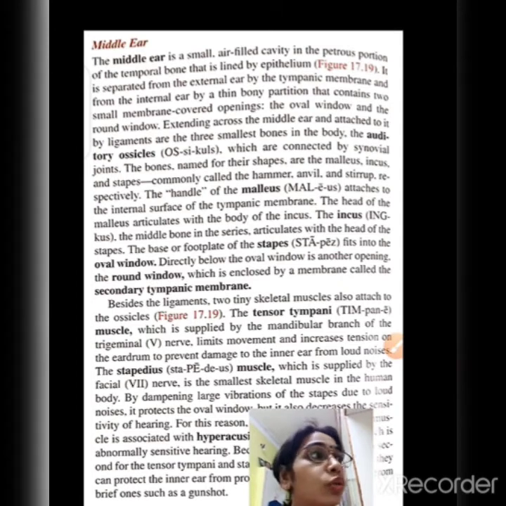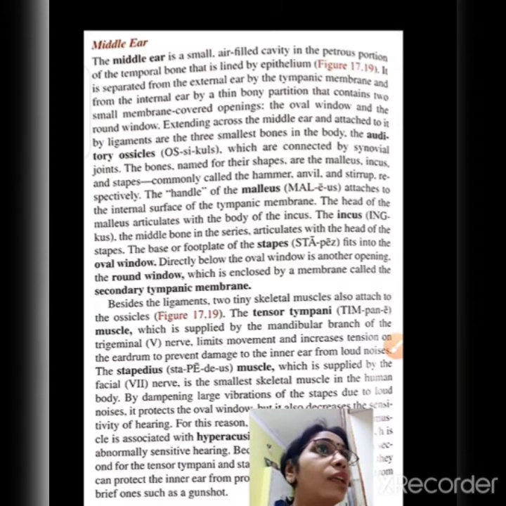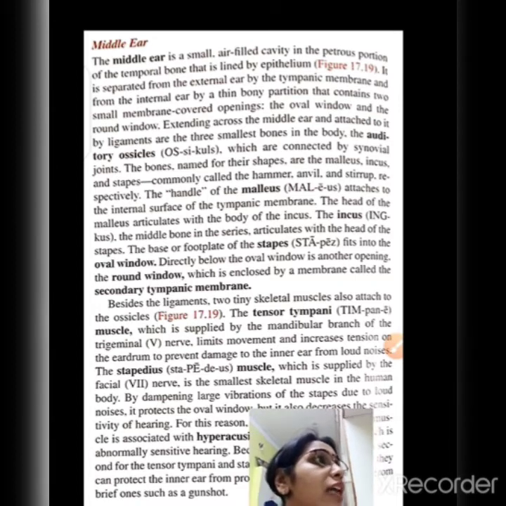As we all know, the three small bones are called malleus, incus and stapes. These are the smallest bones present, three in each ear. Extending across the middle ear and attached to it by ligaments are the three smallest bones in the body, the auditory ossicles, which are connected by synovial joints.